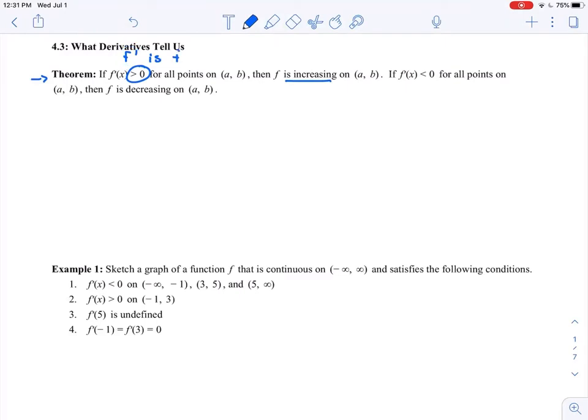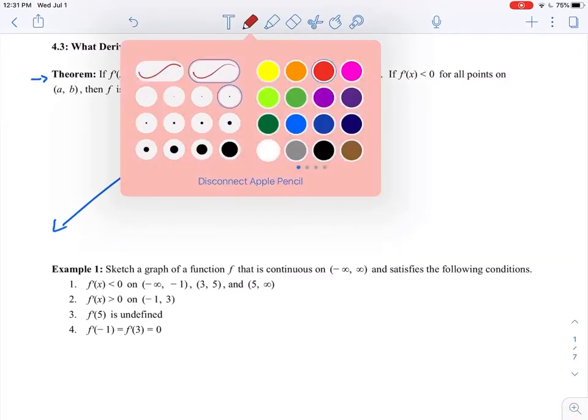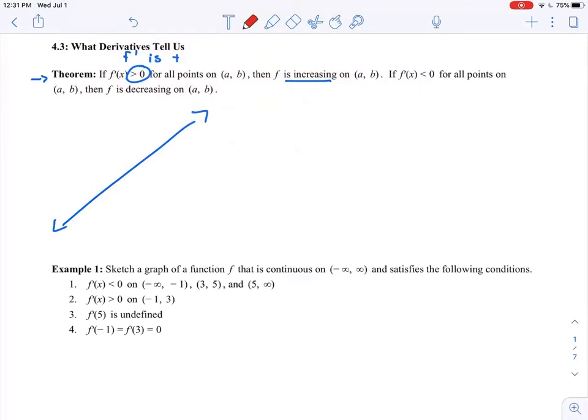So if the slope of the tangent line is positive, so I'm going to draw in a positive line here, or a line with a positive slope. And then I would challenge you to create a function that has this tangent line. So I'm going to create just a couple. So perhaps it looks something like this.